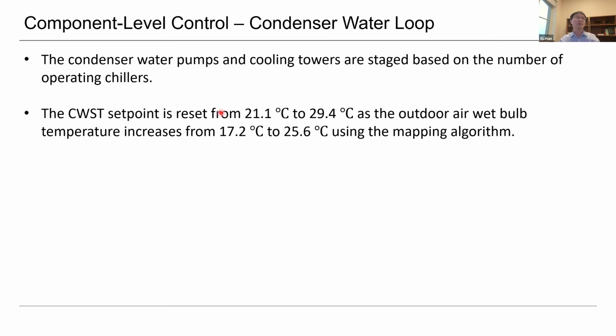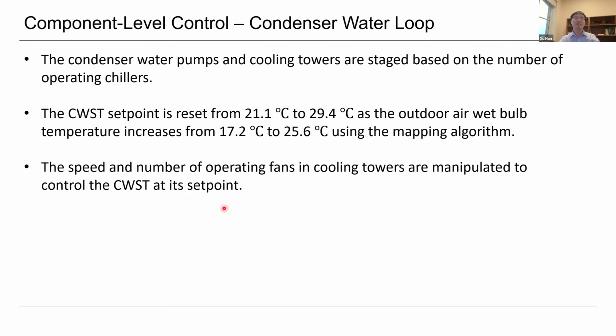And the condenser water supply temperature set point is reset within this range, based on the outdoor air wet-bulb temperature within this range. So this is like there's a mapping algorithm, okay? And the speed and number of the operating fans in the cooling tower are manipulated to control the condenser water supply temperature at its set point.